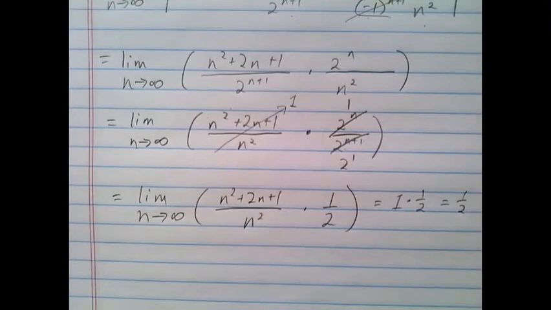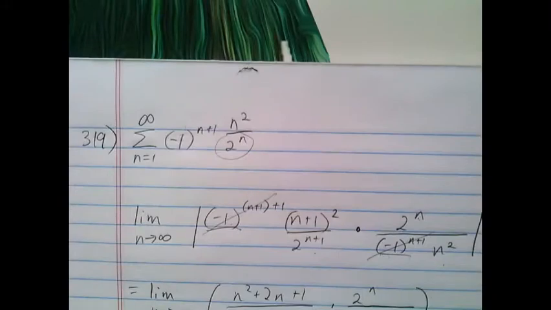Okay. Now remember, if the limit in a ratio test turns out to be anything less than 1, we can conclude that our original series was absolutely convergent.